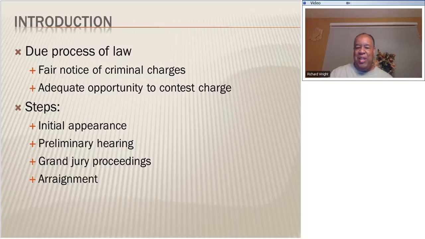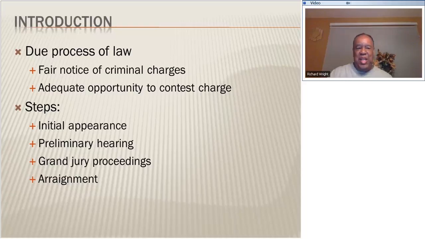And so due process is a fundamental constitutional right that is guaranteed to all individuals in our criminal courts. So that's why you'll have a fair notice, you'll have an opportunity to have someone to represent you, or you'll have the time to be able to prepare an adequate defense.